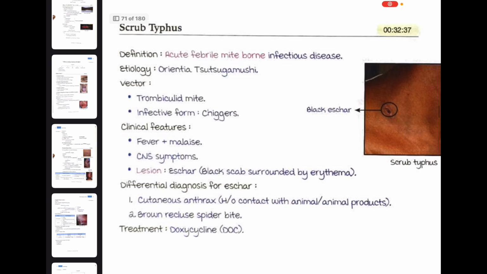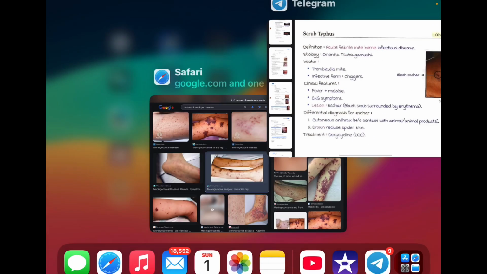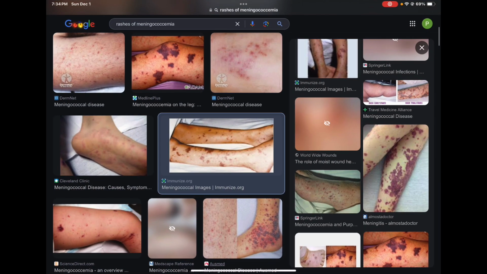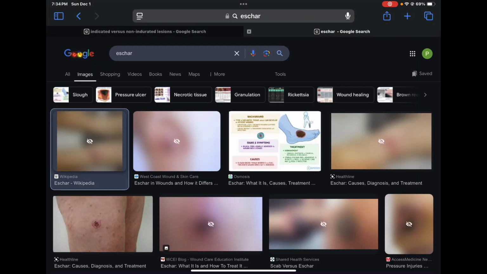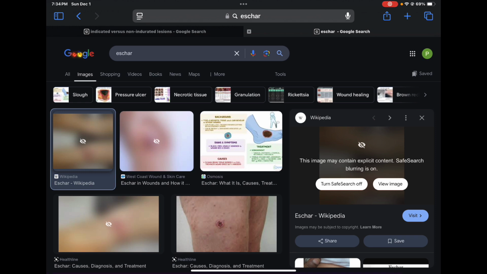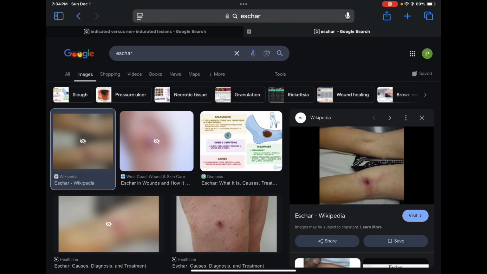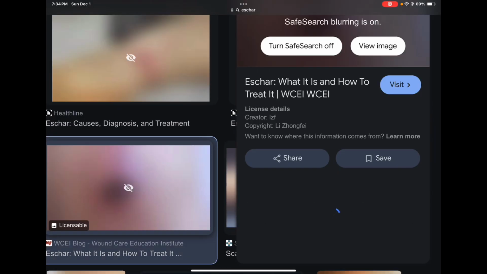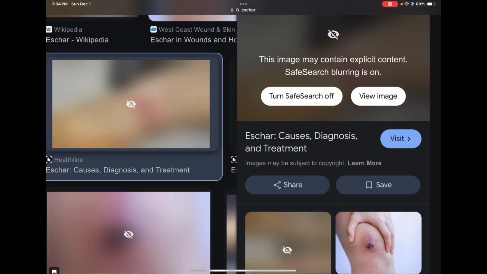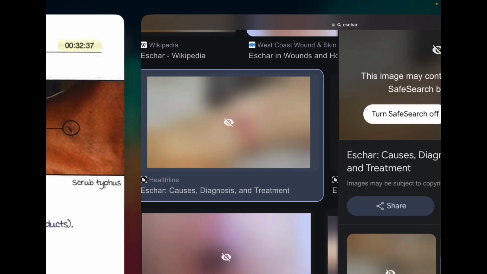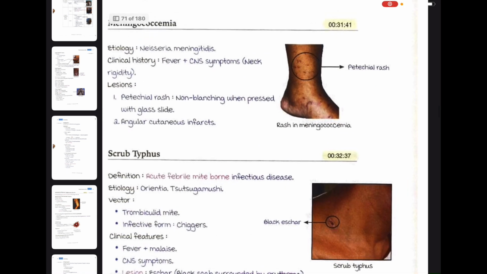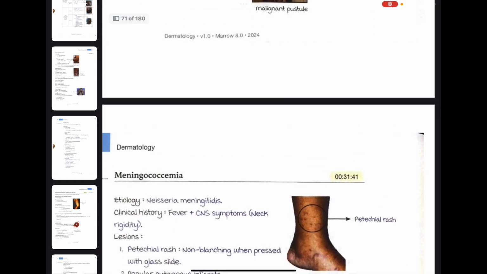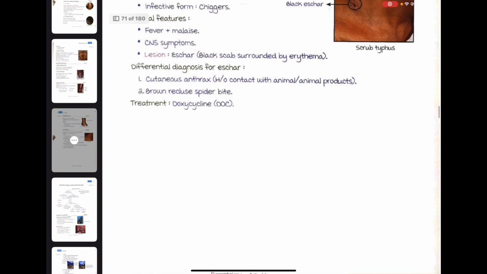If you see an eschar, which is very typical, I have seen one or two. So it is black. You have to start thinking about these three conditions: scrub typhus, cutaneous anthrax, spider bite.